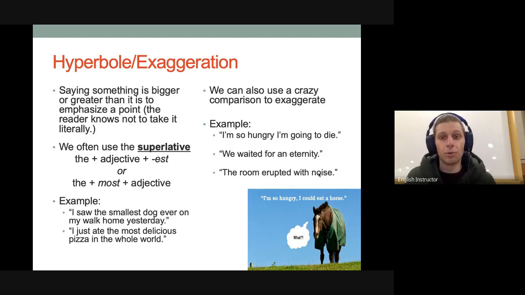That would be the room erupted with noise. So hyperbole is just going to be an exaggerated point or comparison. Right? So we use it to not be taken literally, but just to emphasize it.